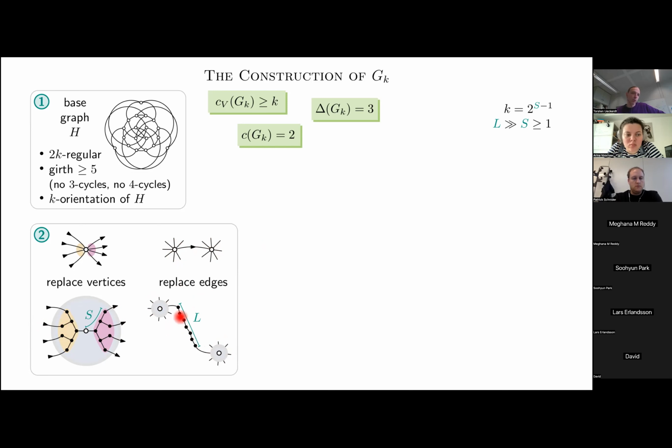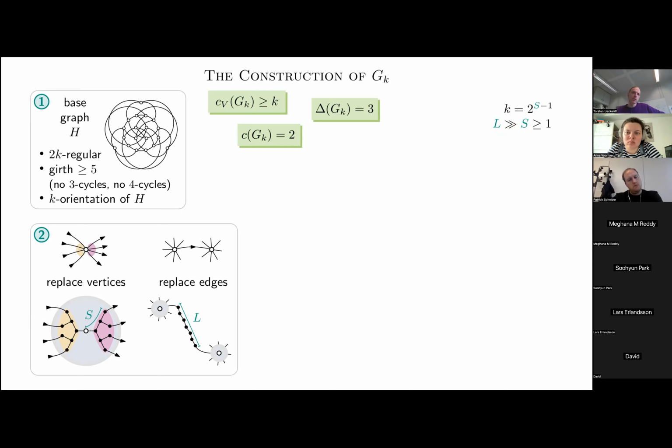So you replace it by a path, and by a long path. The path has length L, and what L is exactly doesn't matter. All that you need to know is that L is long and s is short. So L is much, much longer than s. All right. This is step 2.